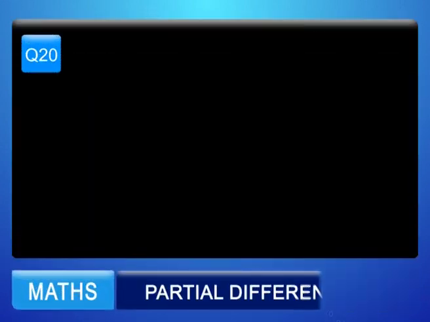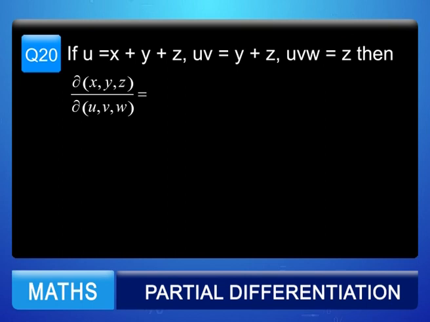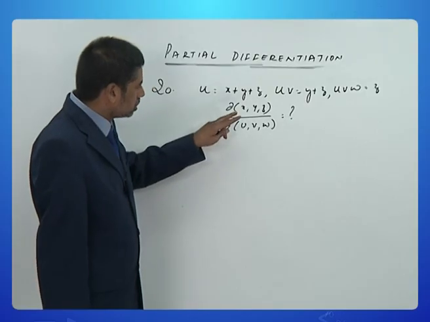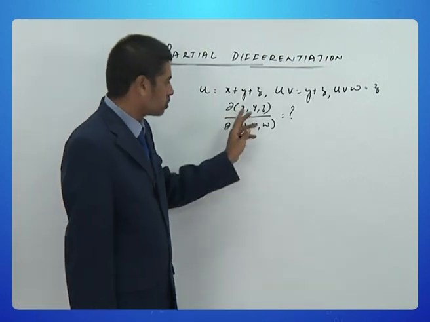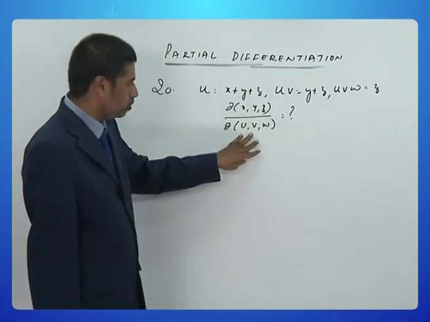In the 20th question, we have u is equal to x plus y plus z, uv is equal to y plus z, uvw is equal to z, and the problem is to find the Jacobian ∂(x,y,z)/∂(u,v,w). Now this requires writing x, y and z in terms of u, v and w.